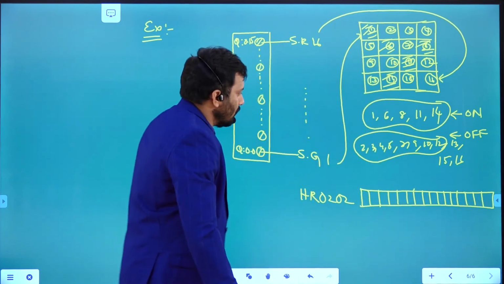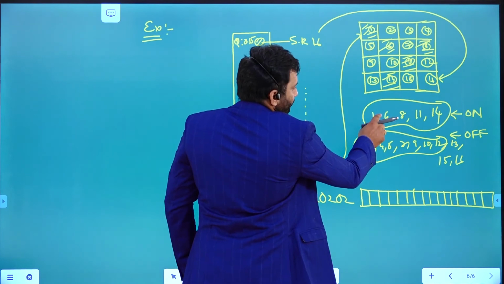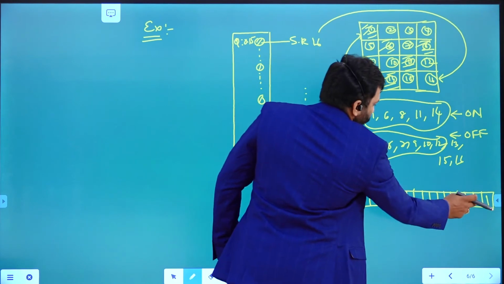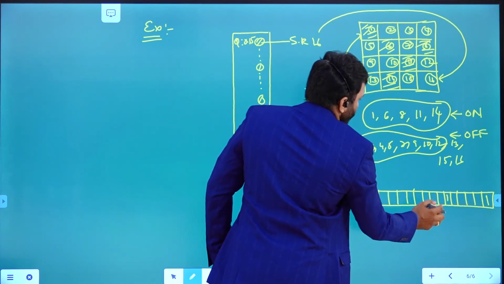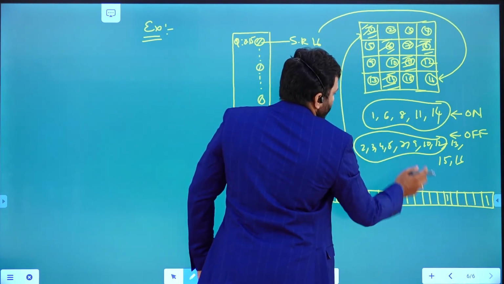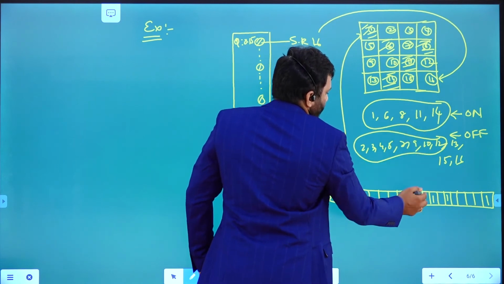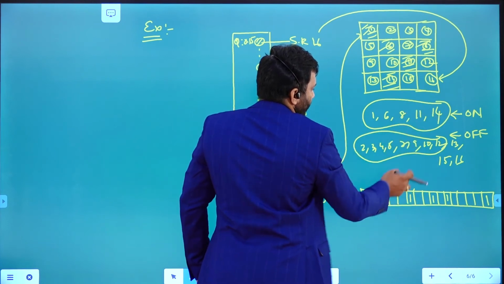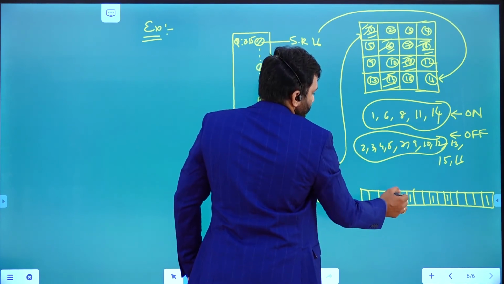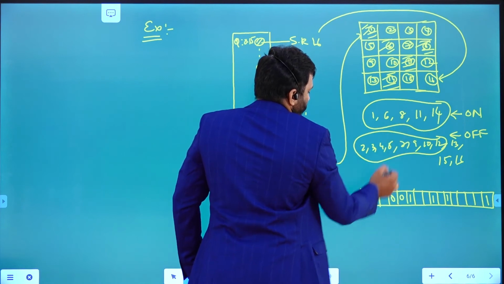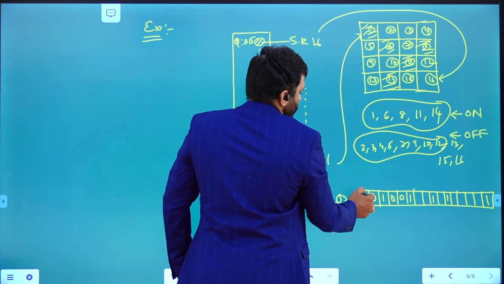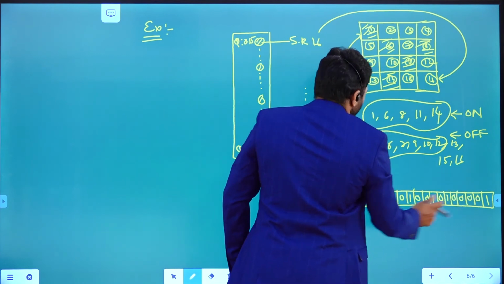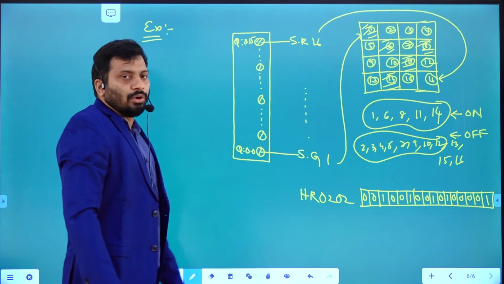What are the bits we need to make 1? The first one is 1. Then 2, 3, 4, 5 are 0, and 6 is 1. 7 is 0 and 8 is 1. 9, 10 are 0, 11 is 1. 12, 13 are 0, 14 is 1, 15 is 0, 16 is 0. This is the data we need to place in holding register 0 to 02.